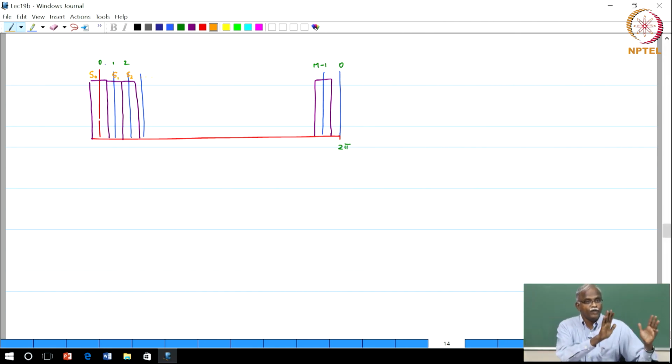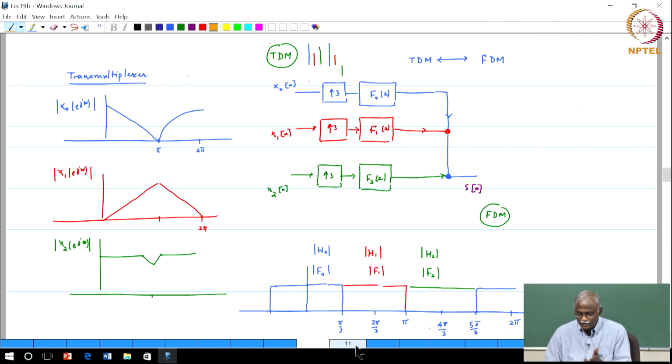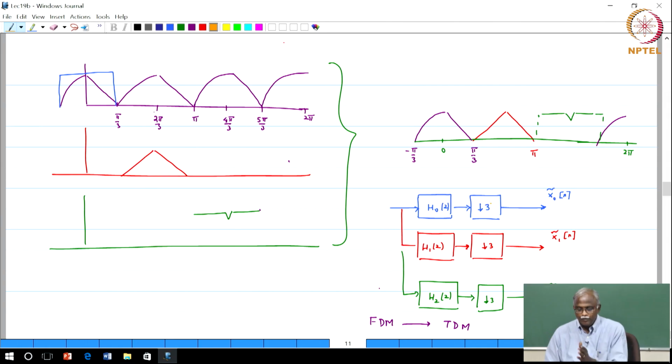You would convert it from a center frequency back to baseband and then pass it out. The structure will be the reverse operation that we have done, where you have filters followed by downsampling. Downsampling is a demultiplexing operation, which is very straightforward. We know that is a series of delays followed by a downsampling chain.